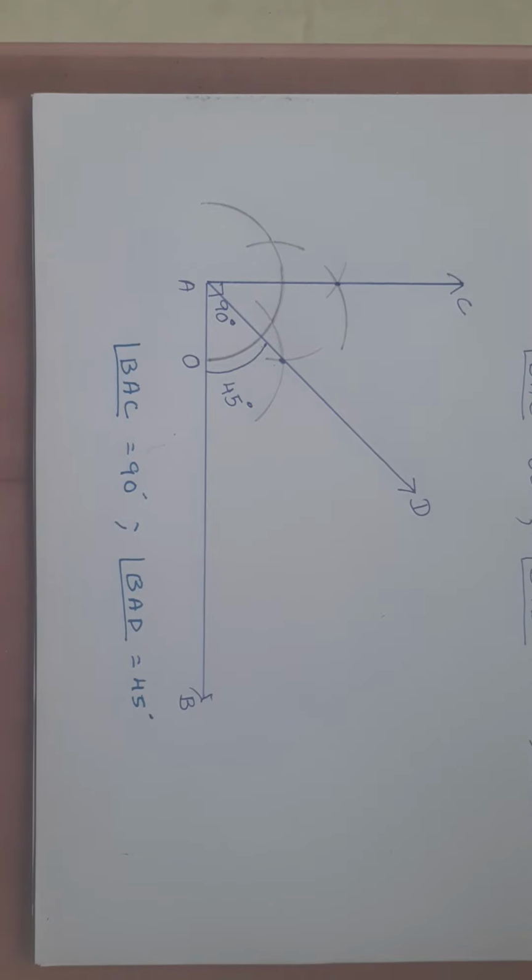Now we will draw the separate diagram for only 60 degree. Draw one ray. The ray name is AB. Then take the compass. Keep the needle at the initial point.